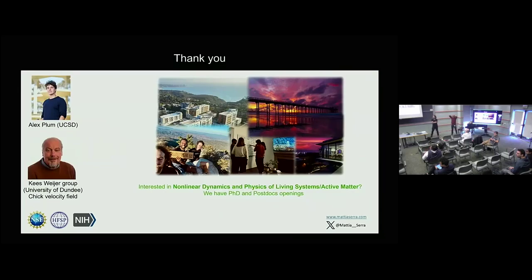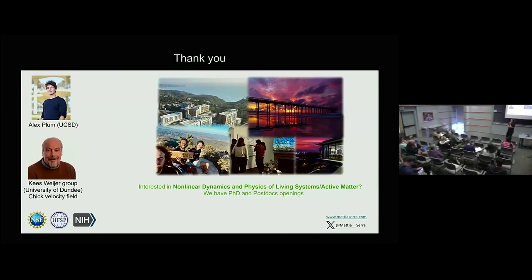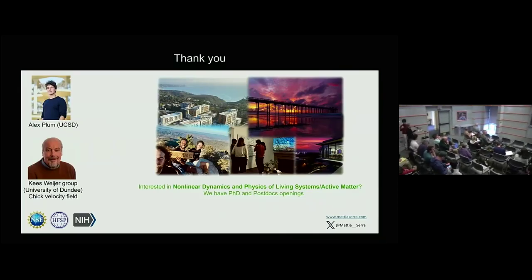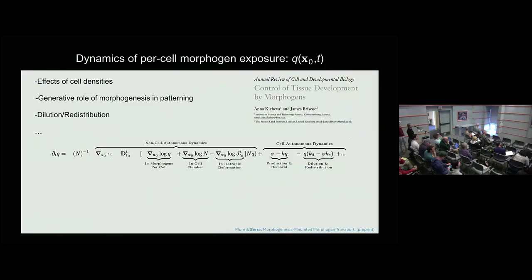Yes, very interesting concept. What I didn't understand exactly is, once you have your morphogen and you do this decomposition, does this stay applicable if your morphogen gets coupled back to the mechanics? If these things start to couple, what happens then? Yeah, that's the future. But here you can add additional terms.